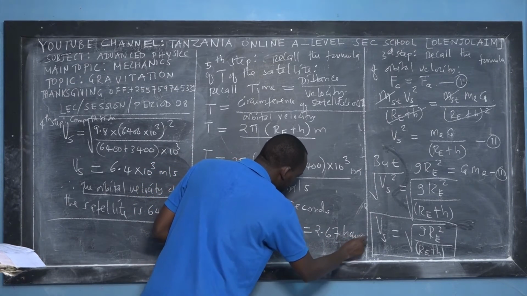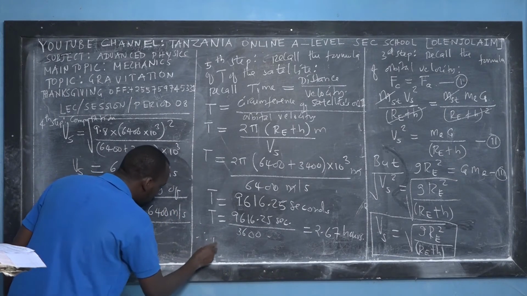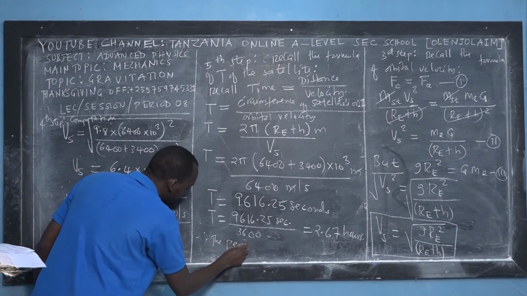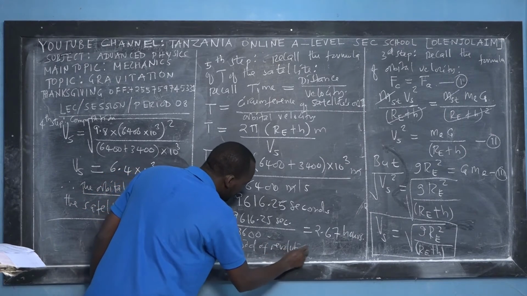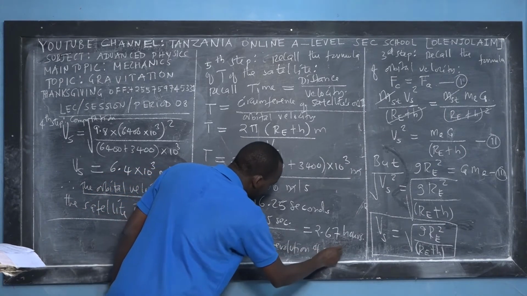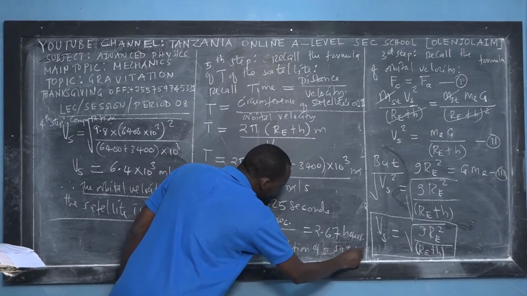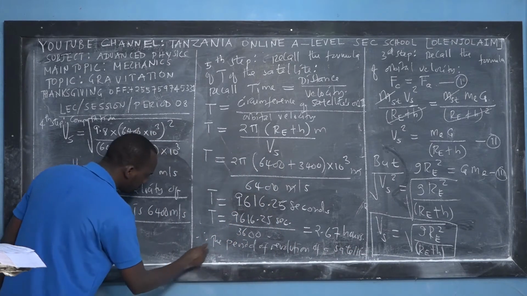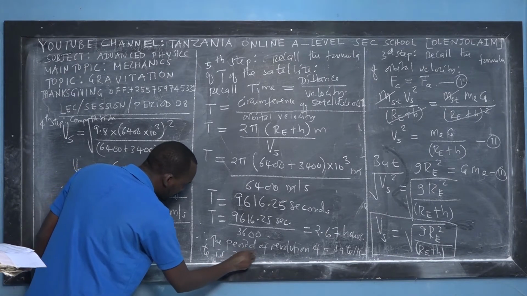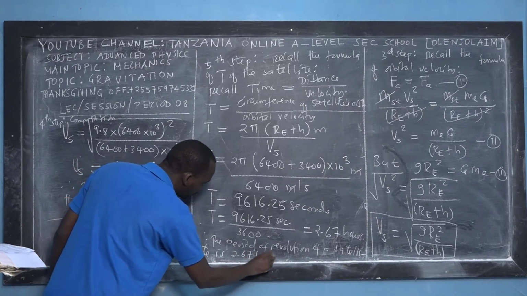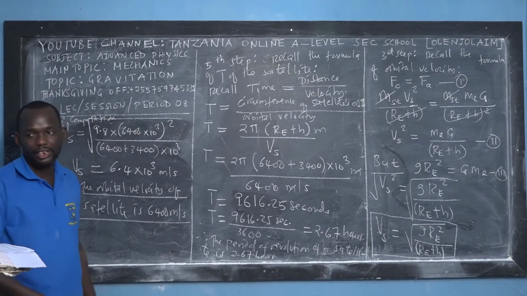So we say that the period of revolution of the satellite is 2.67 hours.